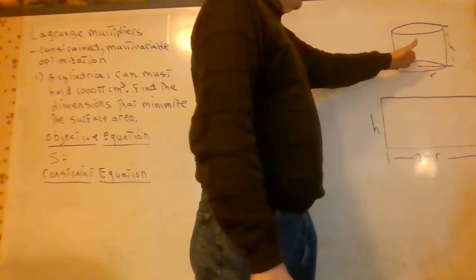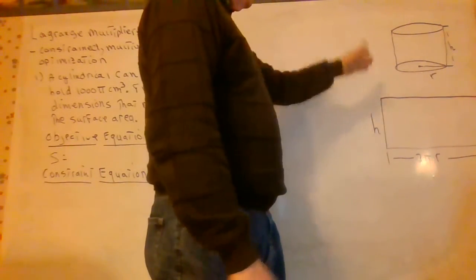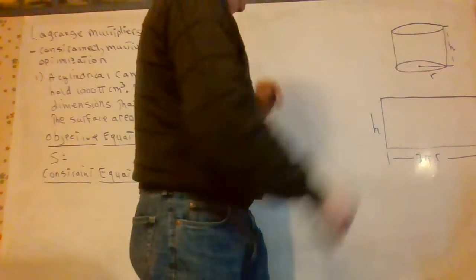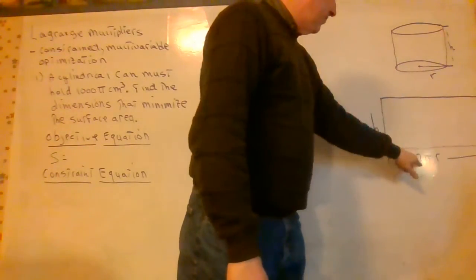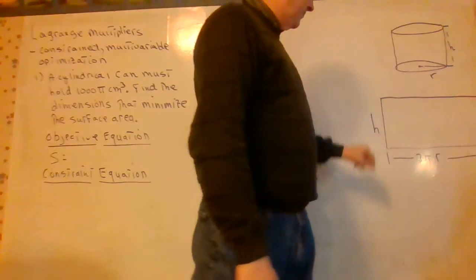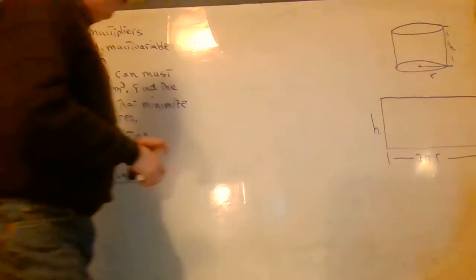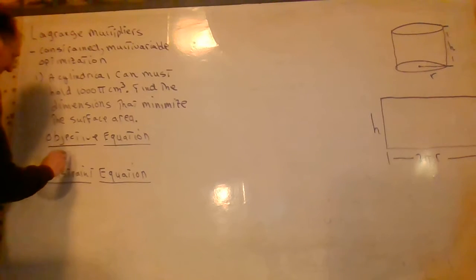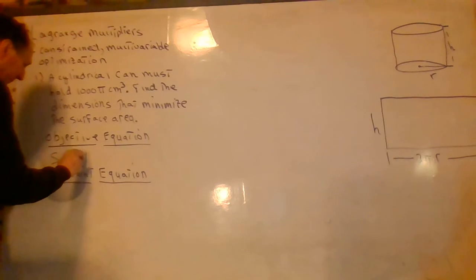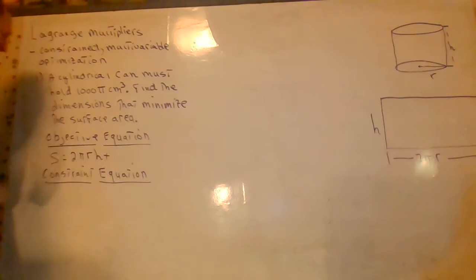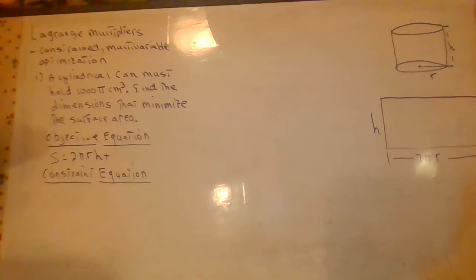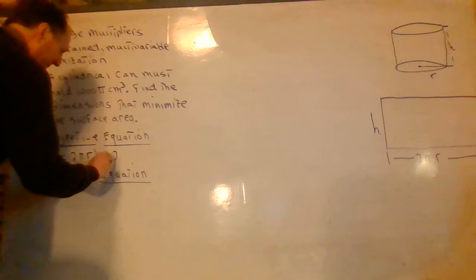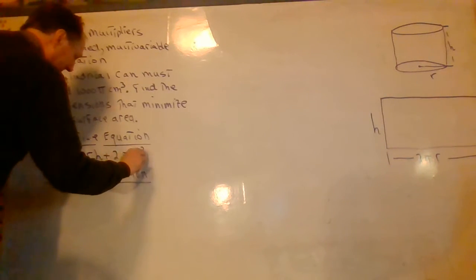If you cut this, get the top and the bottom off, cut it and unroll it, then the width of this is 2 pi r, that's the circumference of the top, times the height. So the circumference is 2 pi rh, plus the top is pi r squared, and the area of the bottom is pi r squared, so 2 pi r squared.